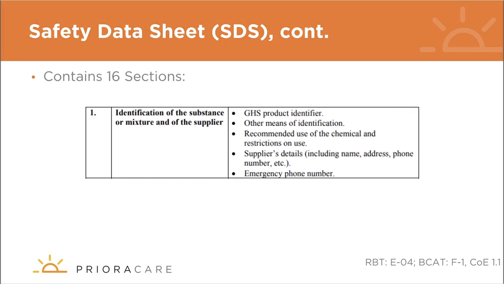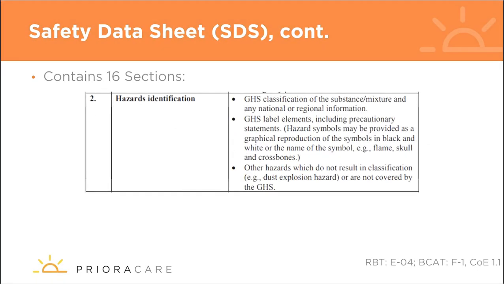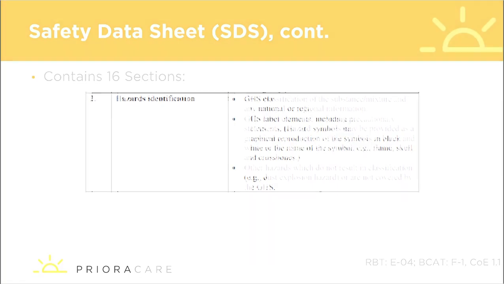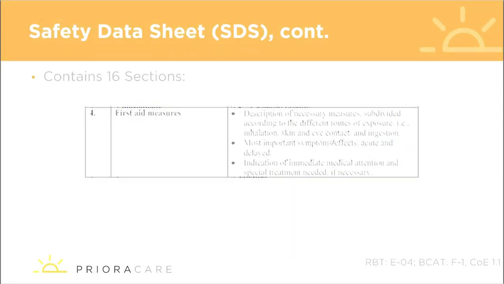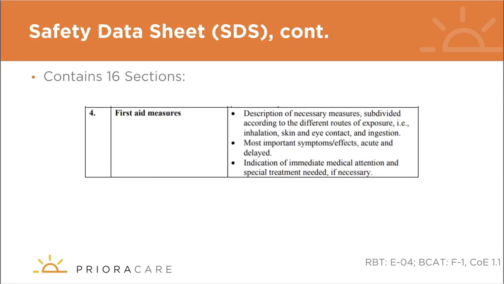The safety data sheet contains 16 sections. The first section is the identification of the substance or mixture and of the supplier. The second section is the hazards identification. The third section is the composition, information on ingredients. The fourth section is on first aid measures.